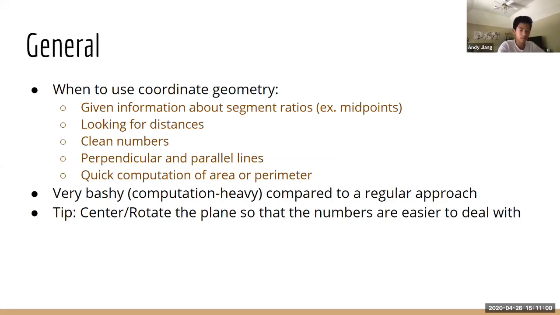And then a general tip is to center the plane. Once you put your diagram on the plane, make sure that it's in a good position and a good rotation. So you want as many lines as possible to be parallel to the axes.